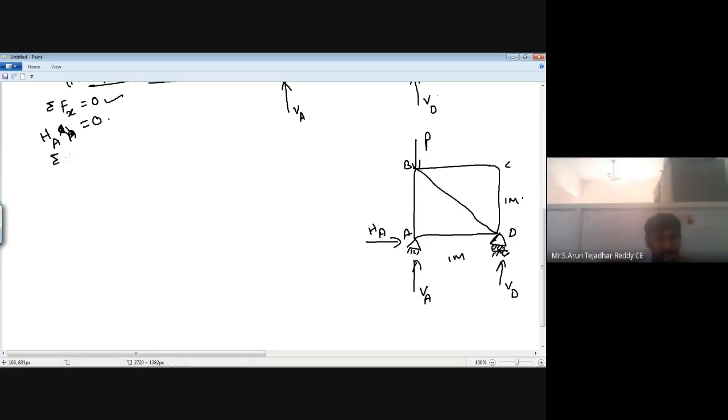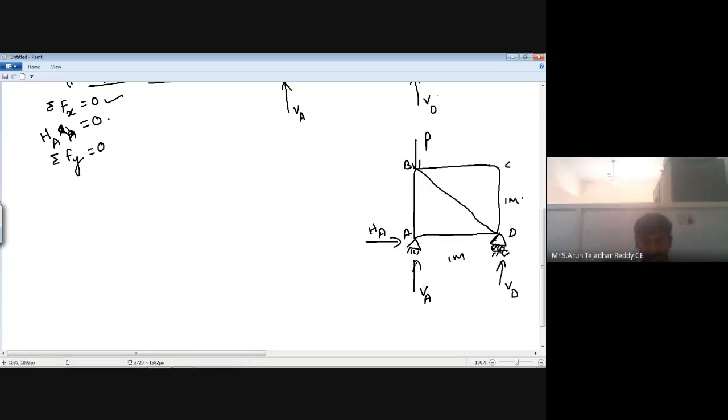Next, summation of all vertical forces is equal to 0. Again, observe this diagram: how many vertical forces are acting here? Totally 3 vertical forces are acting.